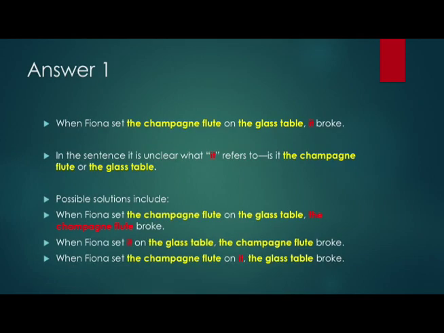So one thing I would like to say up front that sort of relates to all of these, always look at the main clause in a sentence, and the main clause in this sentence is "it broke." The main clause is always the main idea and the one that can stand alone as a grammatically complete sentence. When Fiona set the champagne flute on the glass table cannot be an independent clause because we have the subordinating conjunction when.